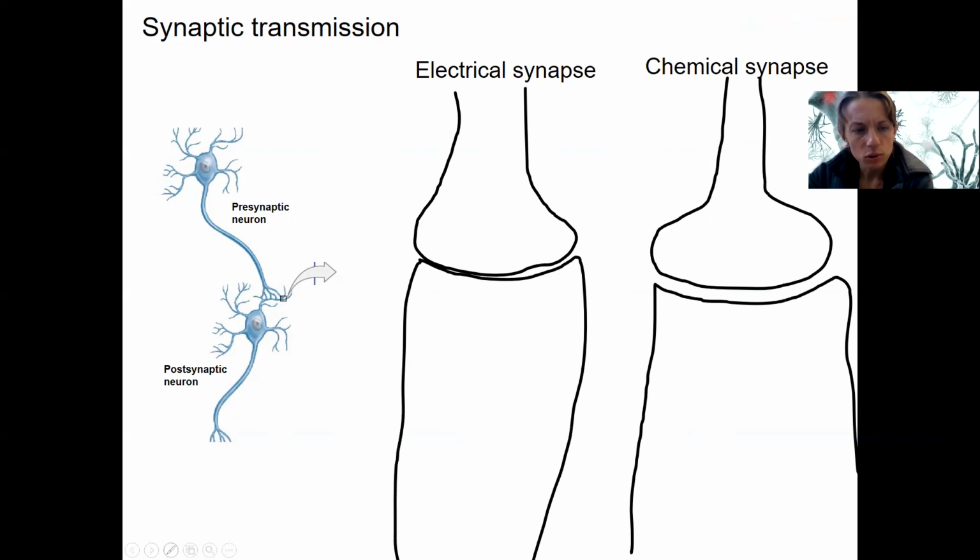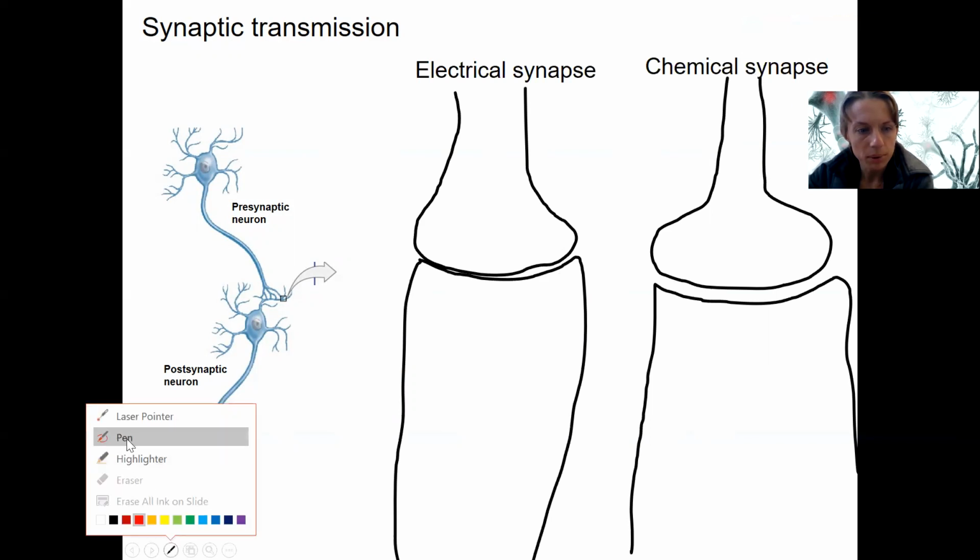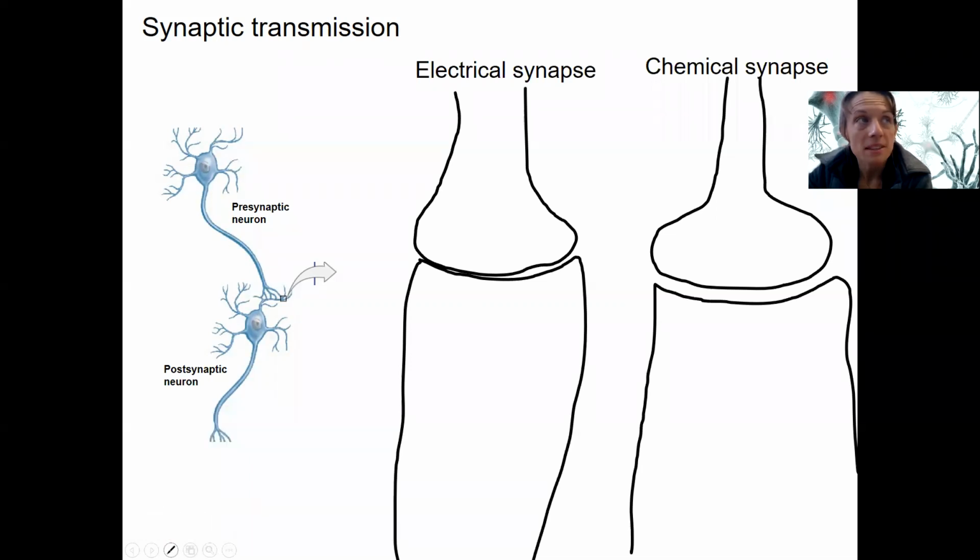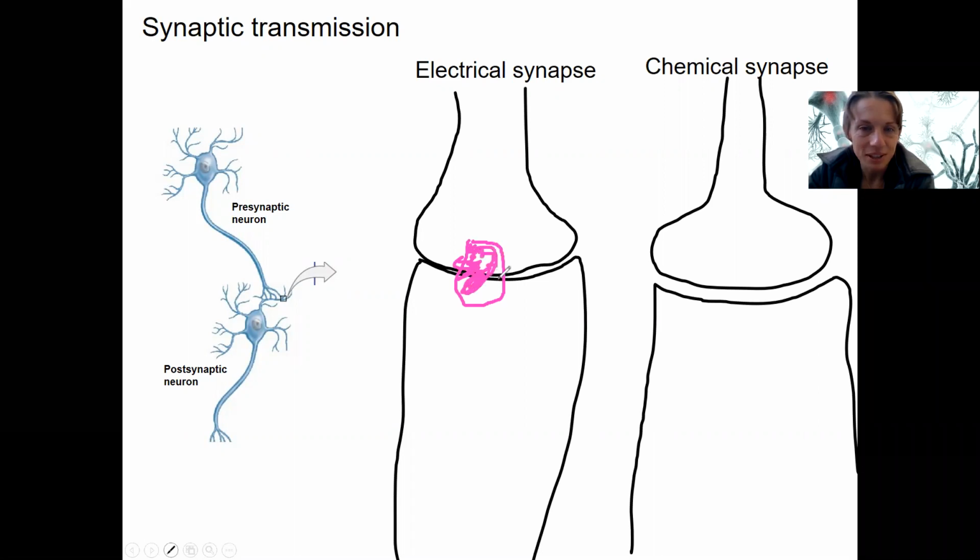So I do want to tell you just a little bit about the electrical synapse. This is basically your gap junction. This is what you've seen before in terms of junctions between epithelial cells. It's basically a protein that connects these. I'm just going to color over this because it's a protein that allows these two cells to be connected electrically.